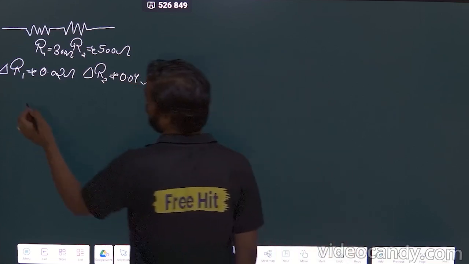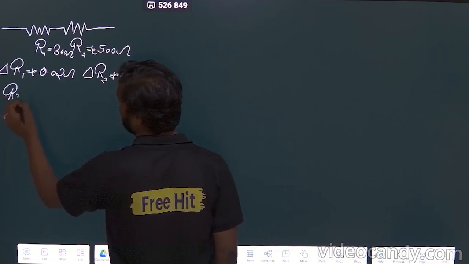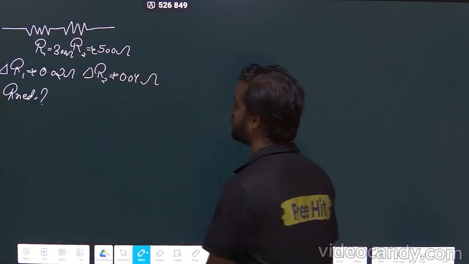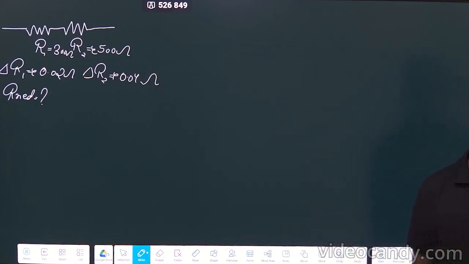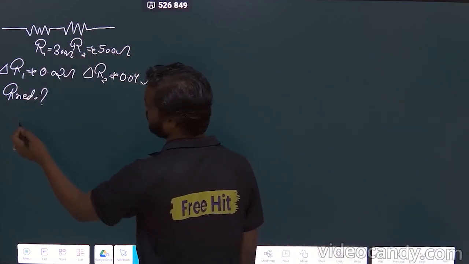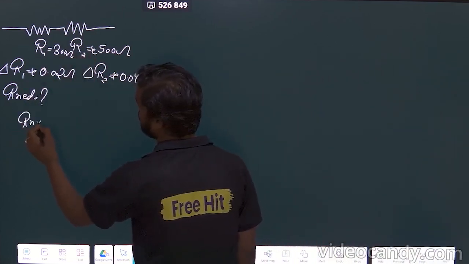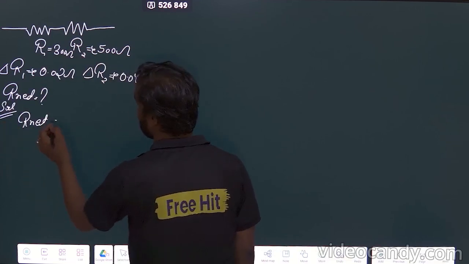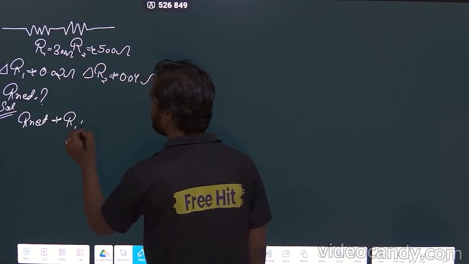Now you have to find my R net. How will you find the R net? If you have understood this thing, then you can easily solve it. It's very simple. It is a series combination. This much thing you learn in class 10th also. R net will be R1 plus R2.